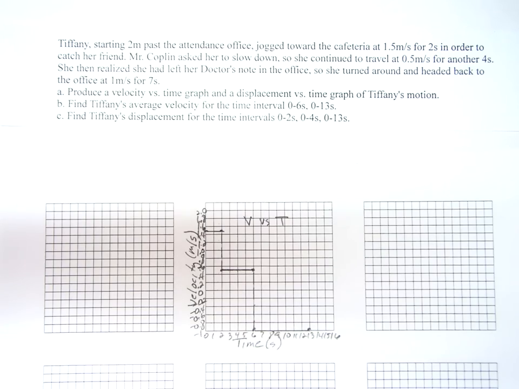Now, it doesn't say where Tiffany starts. It doesn't say what the origin is. Okay? But we know that we can figure out the displacements, which is the change in position, by using the area.